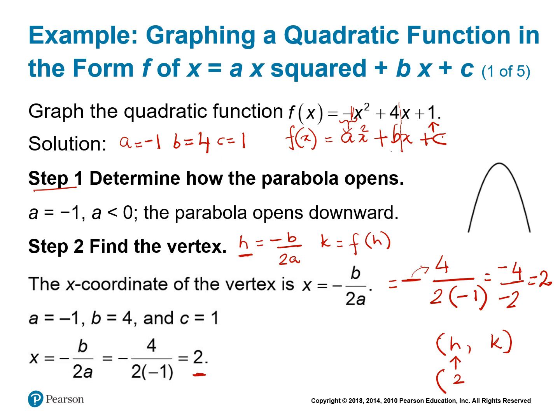So k, and they will continue this in the next slide, but I might as well do it over here anyway. K is f of whatever minus b over 2a evaluated to. So I'm going to write it as f of h, because that's what the value of h is. So f of h equals k, correct?